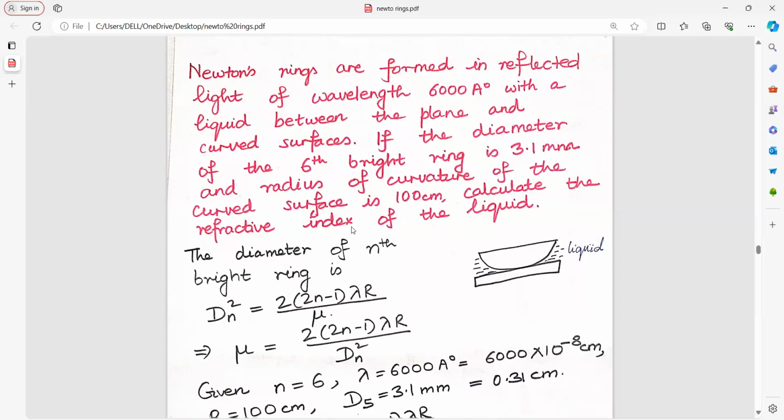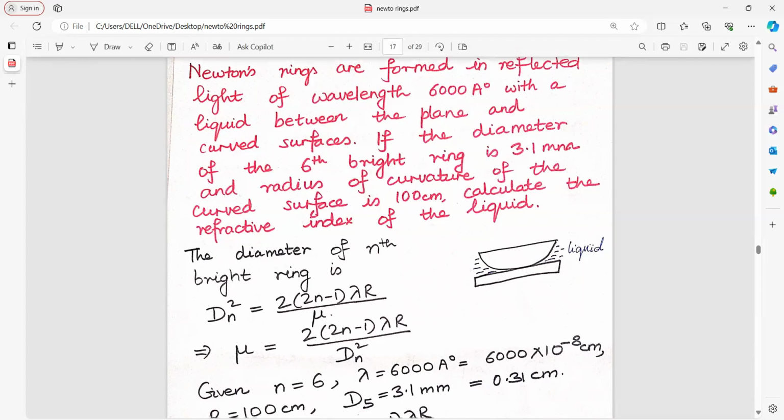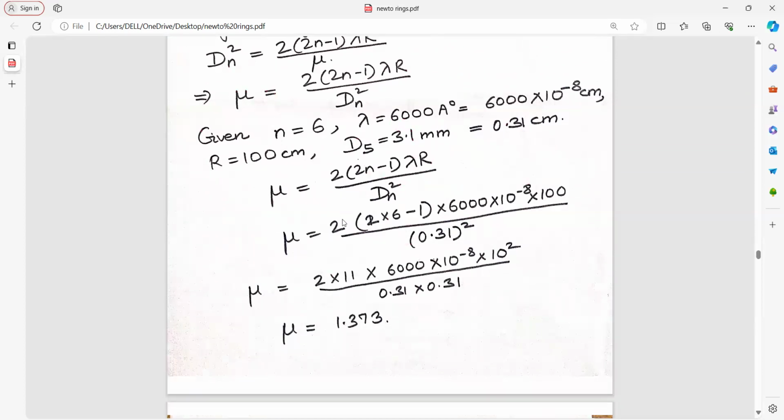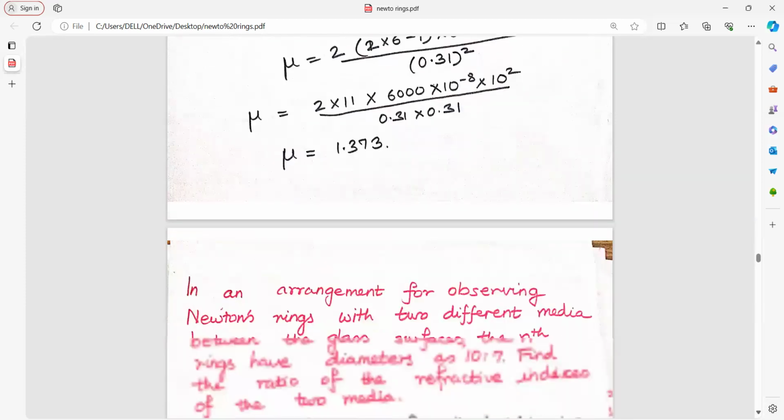You have to find the refractive index. So you make this formula in terms of mu. Mu is equal to 2 into (2n minus 1) lambda R upon Dn square. In the numerical, n is 6, lambda is 6000 angstrom, change it into centimeters. R is 100 centimeter. The diameter is 3.1 millimeter, change it into centimeter, 10 millimeter is 1 centimeter. Make all the units uniform, put them in the formula and you get your answer.